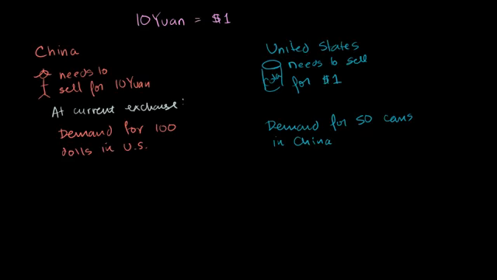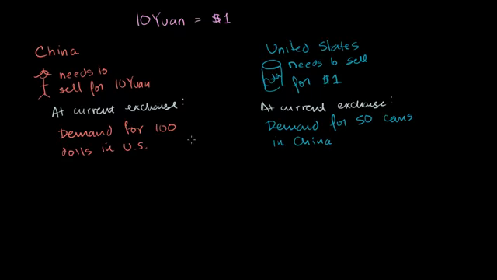What we're saying is that in China, he needs to get $1. At the exchange rate, that's 10 yuan. So if he were to sell each of these cans for 10 yuan to a store or a distributor in China, there's demand for 50 cans.